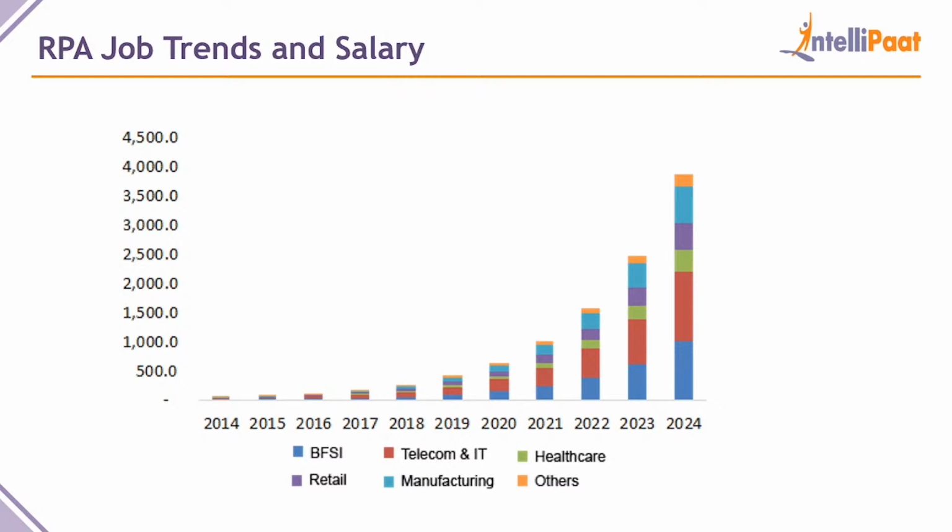And this is spread across domains: telecommunication, healthcare, retail, manufacturing, and others. Every industry will be adopting it, and hence there will be a huge rise across the industry, with a lot of different jobs. This graph backs up what I was saying so far.